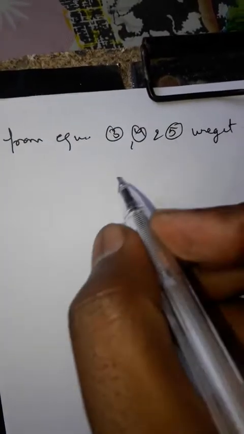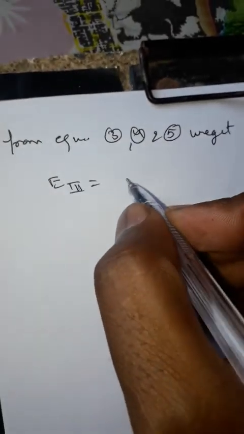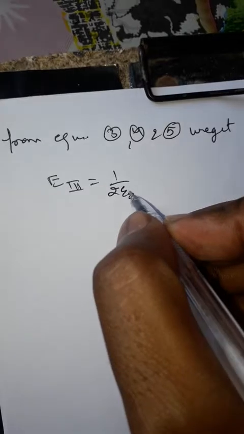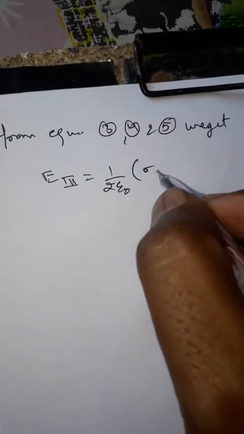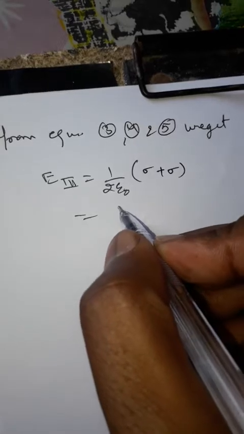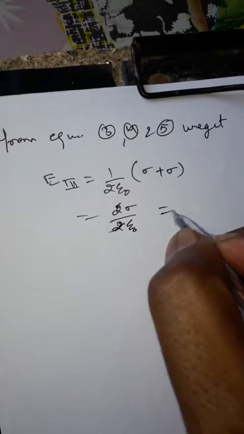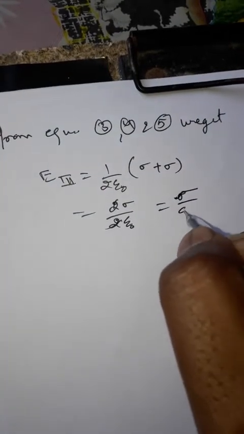Okay, so by putting this value in equations 3, 4 and 5, we get, in the third region, E equal to 1 by 2 epsilon naught into (sigma plus sigma), that is 2 sigma upon 2 epsilon naught, or we can say it is sigma by epsilon naught.